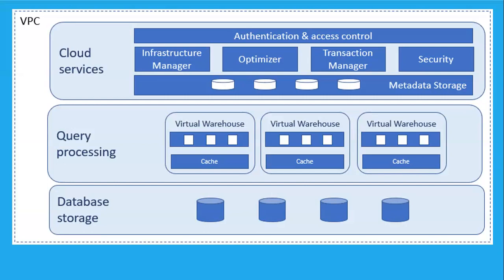And what if the query results are not available in the cache memory in the query processing layer? Then anyway, we have the database storage layer. There your physical data is available. The request will be submitted to the database storage layer.